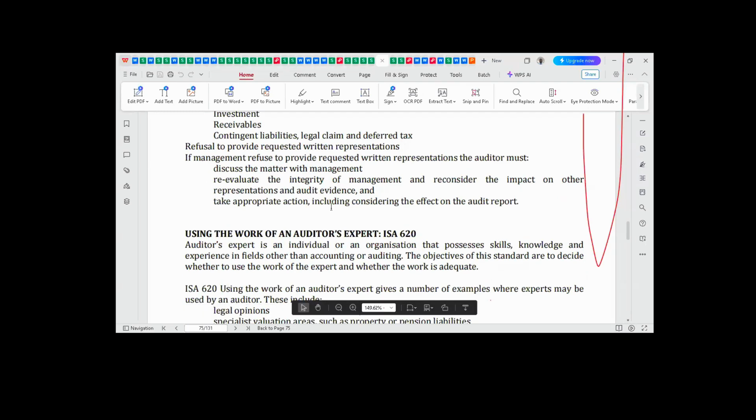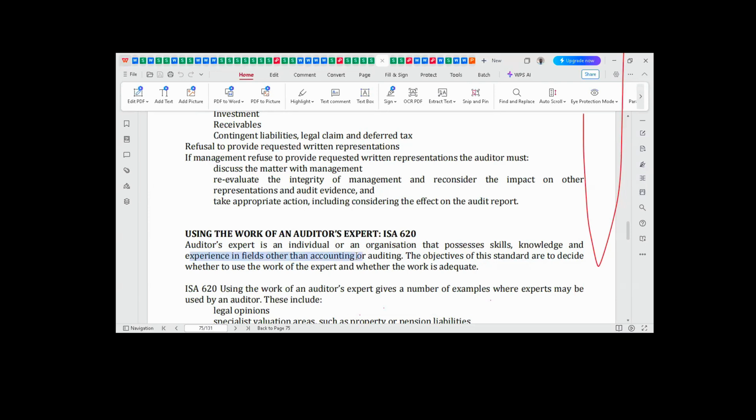Using the work of auditor's experts. I've been sounding like a broken record on this particular one, auditor's experts, because I started talking about experts right from when we started. Who is an expert? An auditor's expert is an individual or an organization that possesses skills, knowledge, and experience in other fields outside accounting and audit.